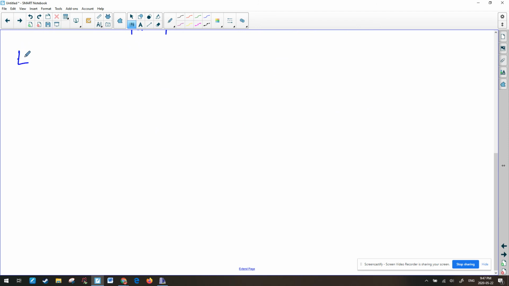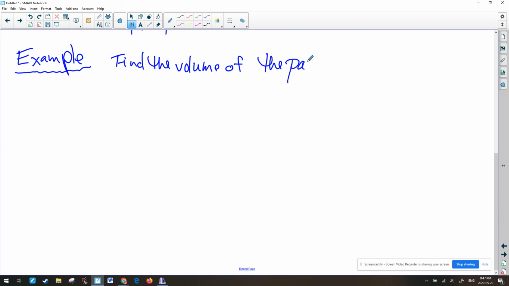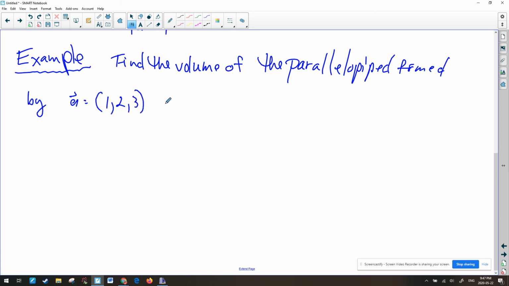So an example. Find the volume of the parallelepiped formed by vector A equal to 1, 2, 3, vector B equal to 4, 7, 3, and vector C equal to -1, -1, and 0.